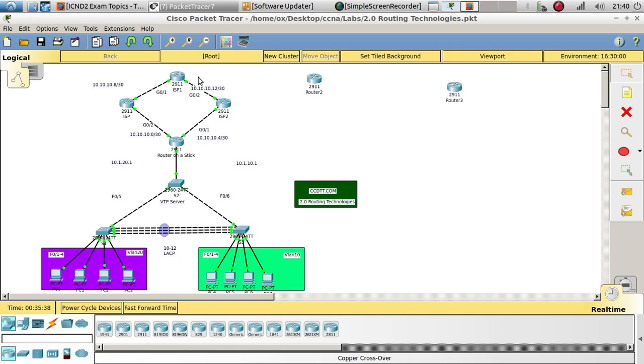And redistribution is actually like translating from EIGRP to OSPF or OSPF to EIGRP, so those two routing protocols can communicate with each other. All right, so let's go ahead and do that. I'm actually going to keep going doing these ones. So this one is going to be 13, so we've got to do 16. Then this one is going to start at 20.